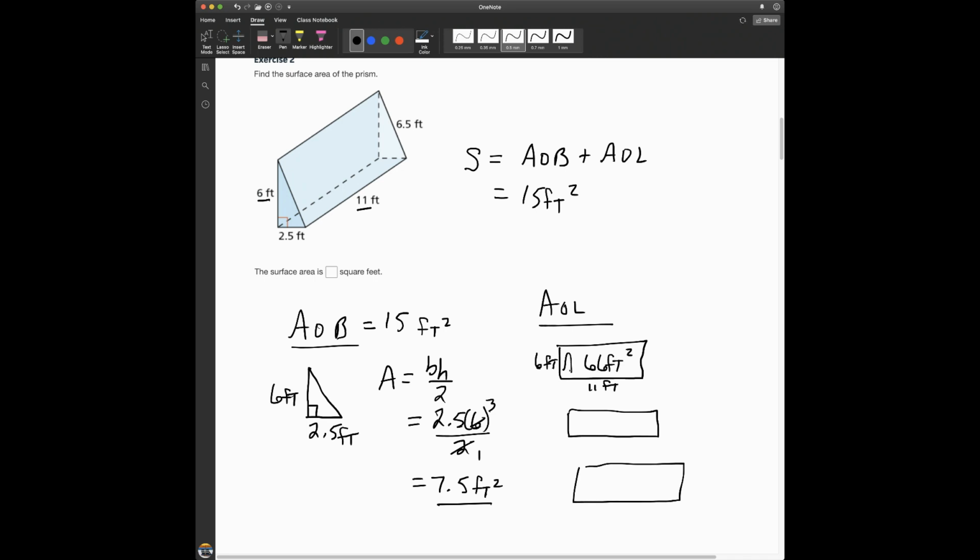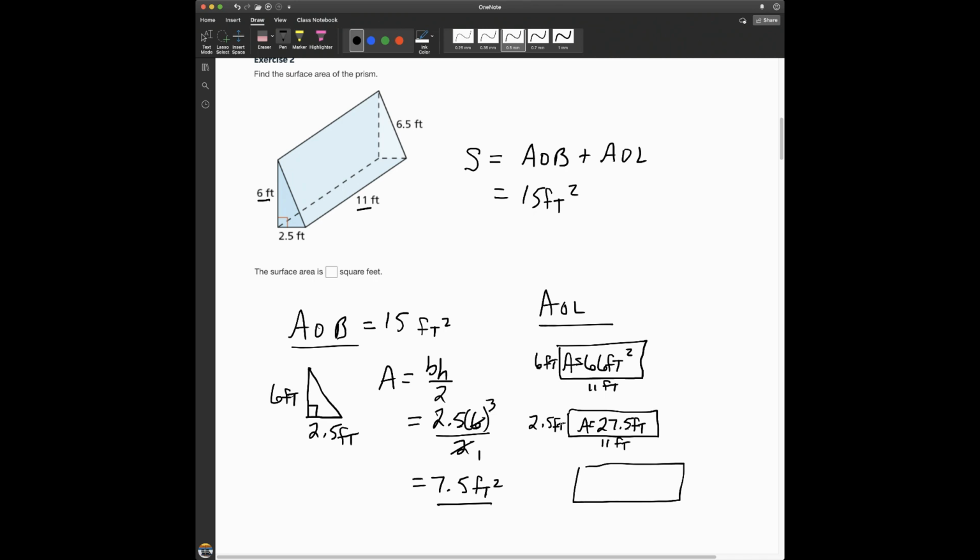That is the area. And the skinny one on the bottom is 2.5 feet times 11 feet. So 2.5 times 11, and I get 27.5 feet. There's my area of that rectangle.